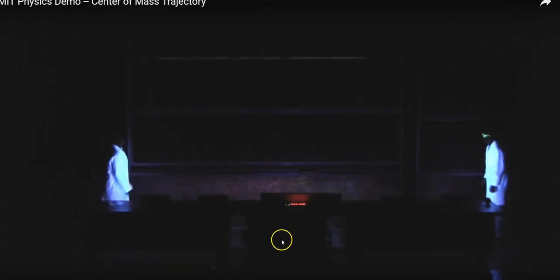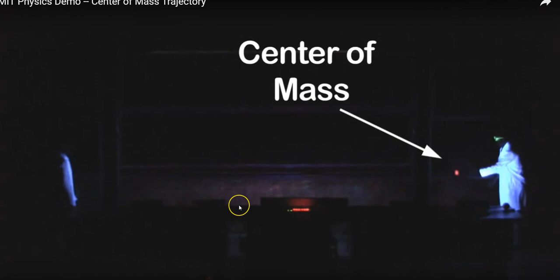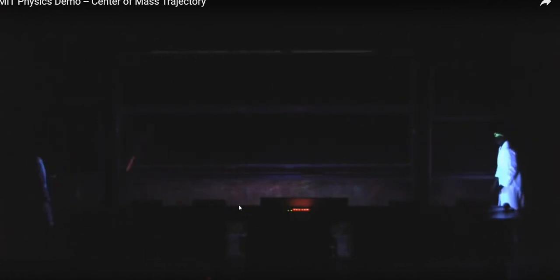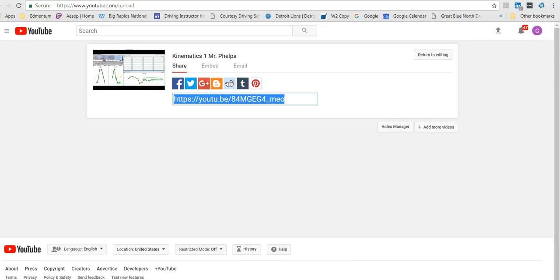When you only see where the center of mass is, you can see it follows a nice curved path at that point. So as you can see, the center of gravity.